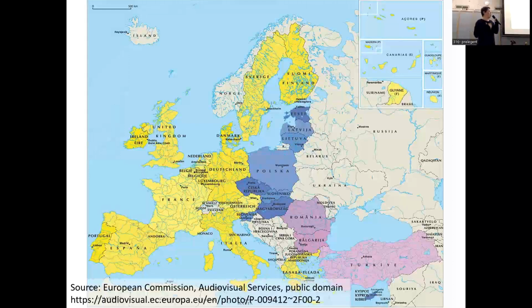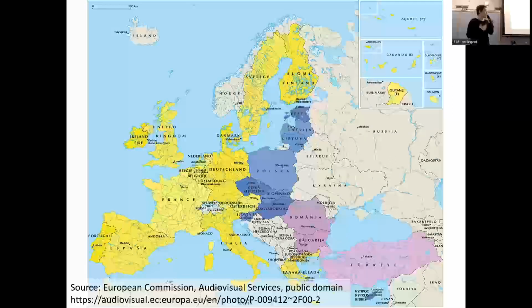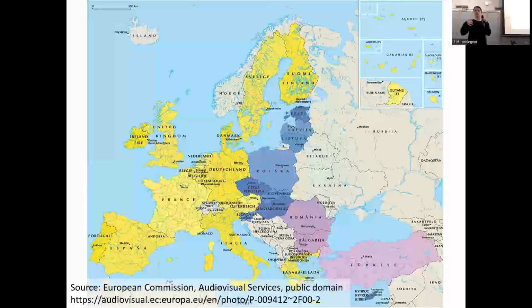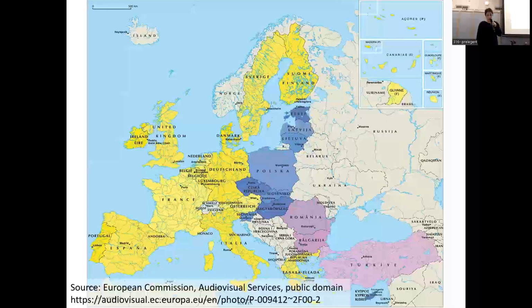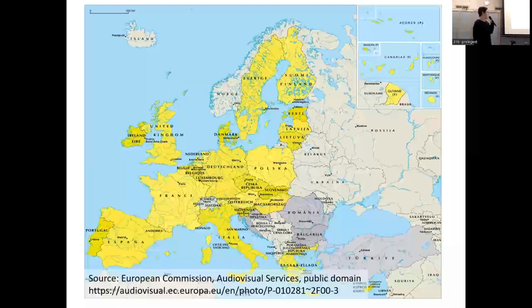The connotation of purple was that these are the next in line. Romania and Bulgaria were also supposed to join in 2004, but they were then postponed until 2007. At that moment, that was the order: Romania, Bulgaria, and Turkey will be next. As we know, this never happened for Turkey, but at least the European Commission, being a very diligent institution, immediately produced an updated map upon accession.